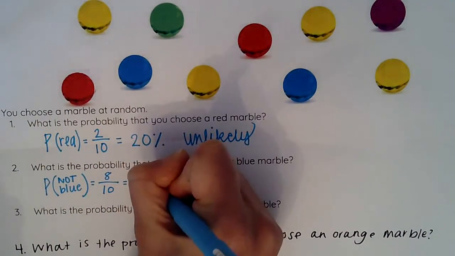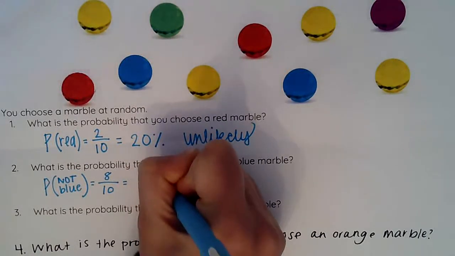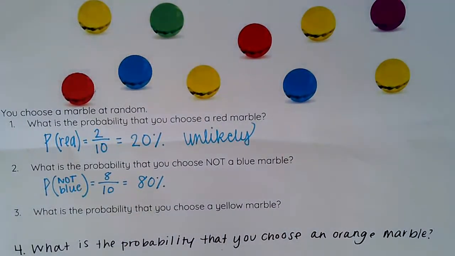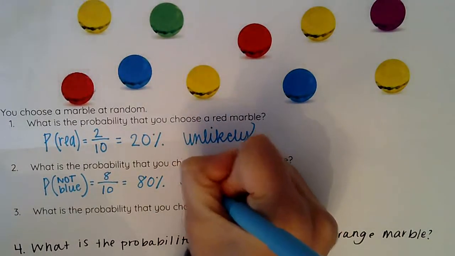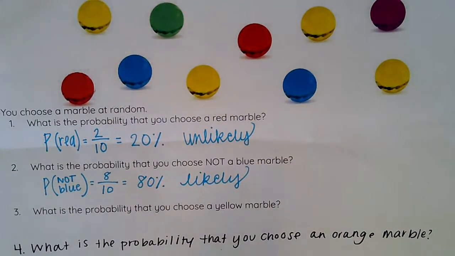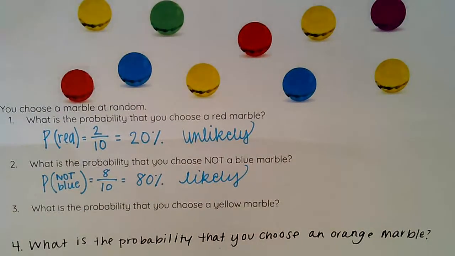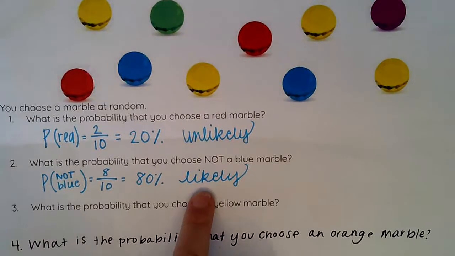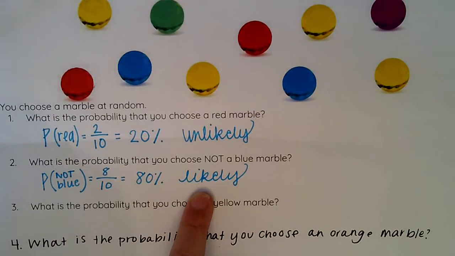That translates to 80%. That falls in the upper half, in between 50% and 100%. So this is a likely event. Now, I will have an 80% chance of not choosing blue. This is a likely event.